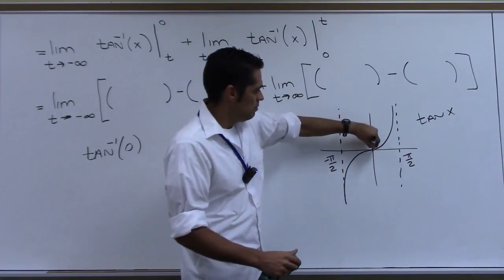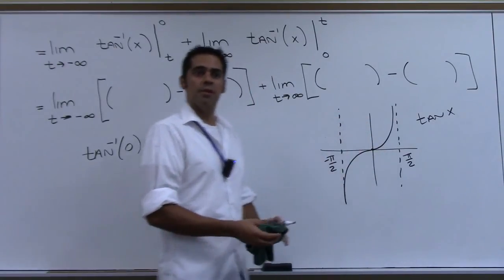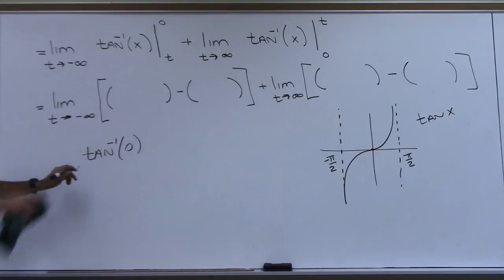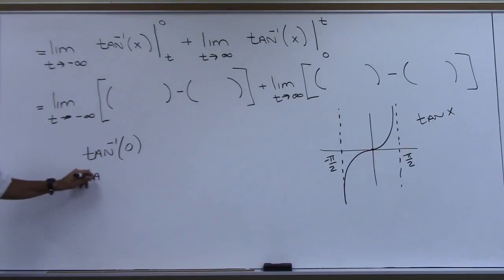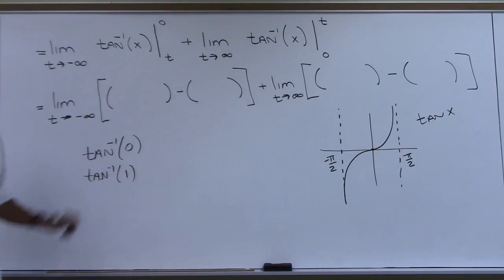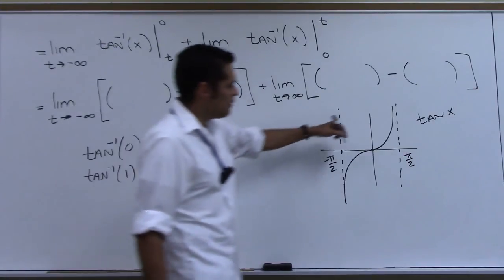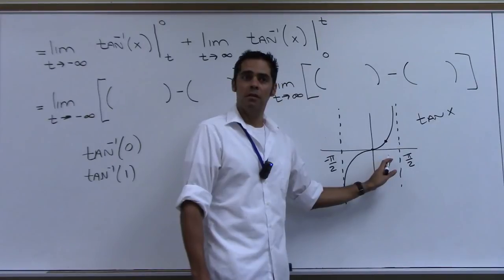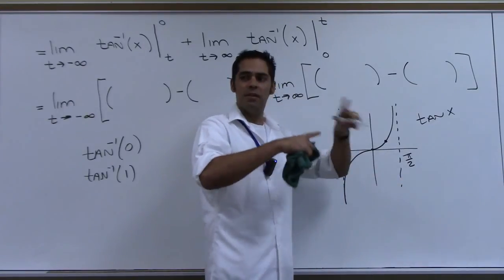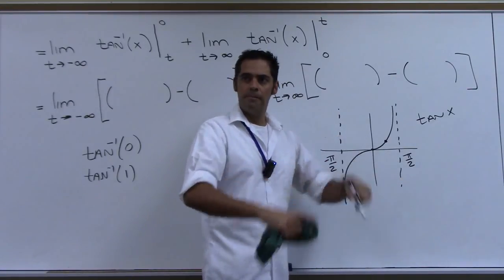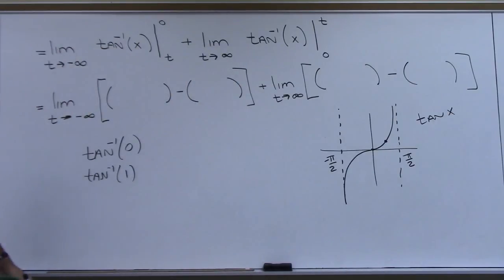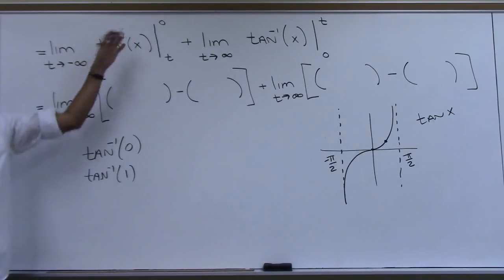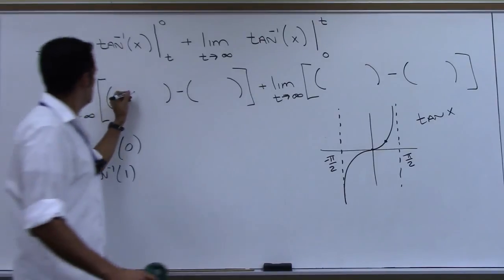At 0, right? At 0, the y-coordinate is 0. But what's harder is when you have arctangent of 1. It's very difficult for people to tell me, oh yeah, 1's here, and that they know it's pi over 4. That comes a little easier off the unit circle. Understand? Okay. So arctangent of 0 is 0.